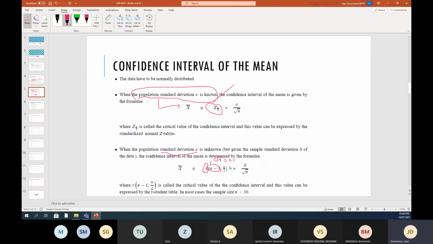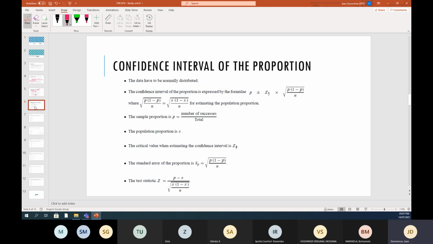We'll get to an example of that as well. So for the mean, we always have the z and the t: z when standard deviation is known, t when standard deviation is unknown.